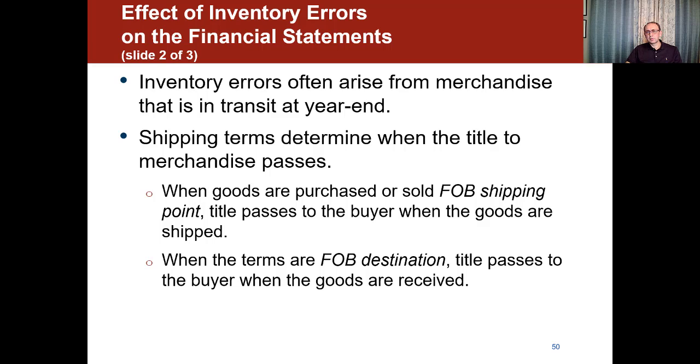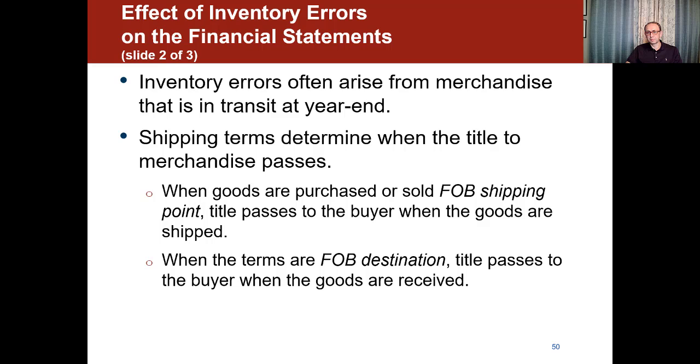Inventory errors often arise from merchandise that is in transit at year end. As I told you, year end is usually the critical time because we don't know whether we should include it or not. Shipping terms determine when the title to merchandise passes. When goods are purchased or sold FOB shipping point, or free on board shipping point, title passes to the buyer when the goods are shipped, even though they haven't arrived at the buyer's warehouse.